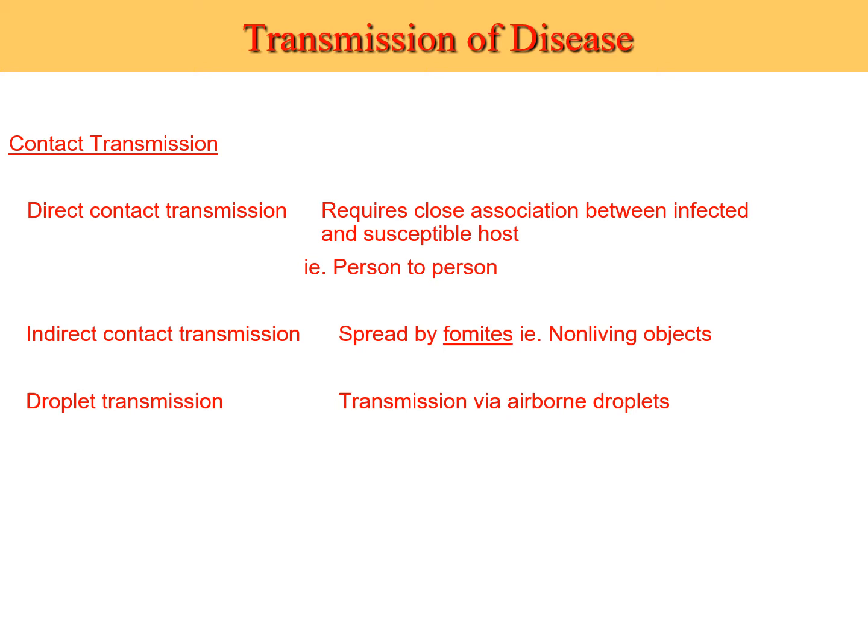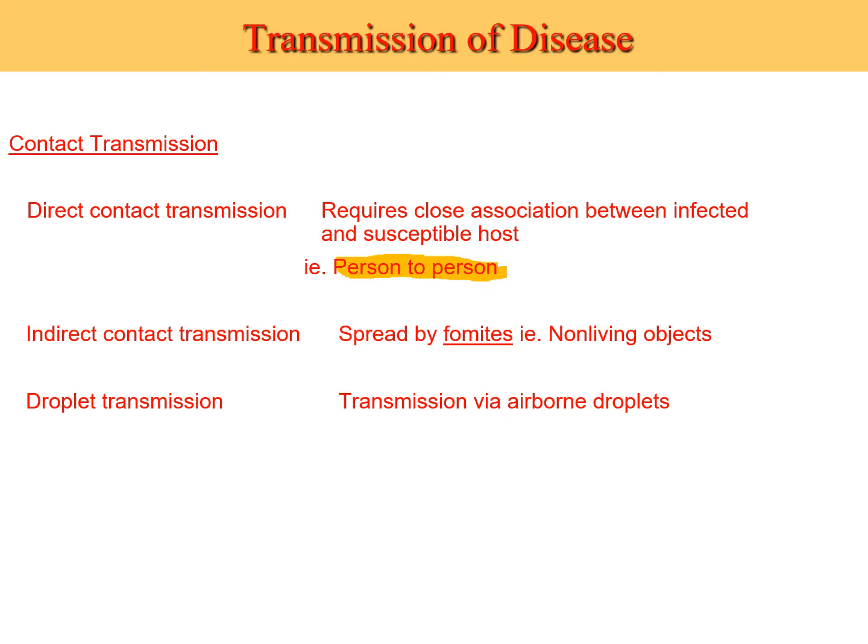So there are different kinds of contact transmission. There's direct contact transmission that requires close association between the infected and susceptible host. That's person to person. There are many organisms that do that.